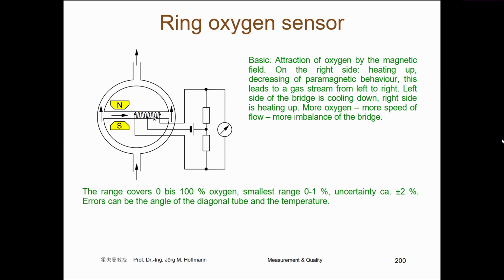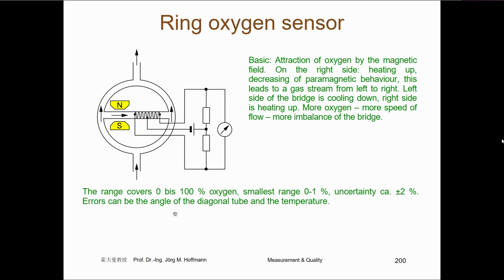The first is cooling down, the second is heated up, and you get an imbalance in the bridge. And the strength of the imbalance is a measure for the oxygen.